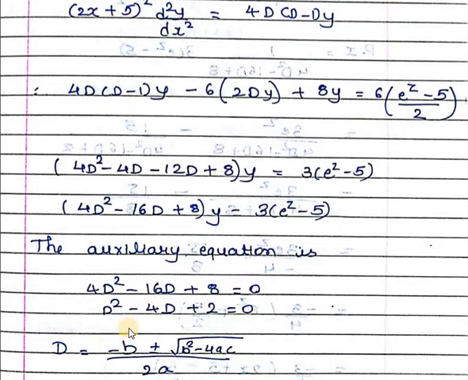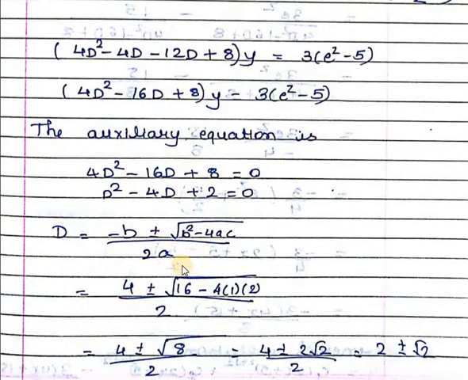finding D by this formula, D = (−b ± √Δ)/2a. So delta is b² − 4ac. Here first of all we will have to find out a, b, c. So comparing this with ax² + bx + c = 0, the value of a will be 1, the value of b will be −4 and the value of c will be 2.